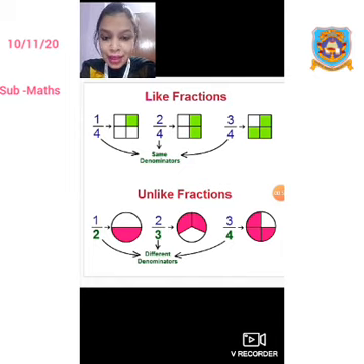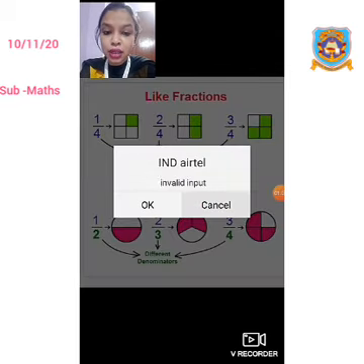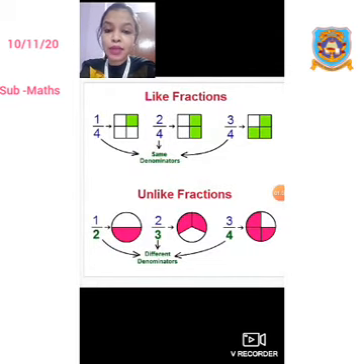The next, I have taken 3 circles here, and the circles are divided into 2, 3 and 4 equal parts. In the first one I have shaded 1 part with the color pink. So what fraction will it be for the shaded part? 1 by 2. Similarly, the second I have divided into 3, so it will be 2 by 3, as 2 parts are shaded pink.